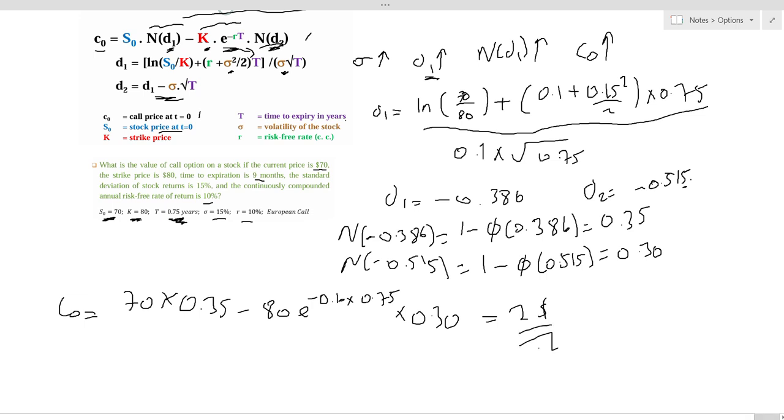That's easy. So it means that a call option on a single share of stock should be priced at $2 under these parameters.